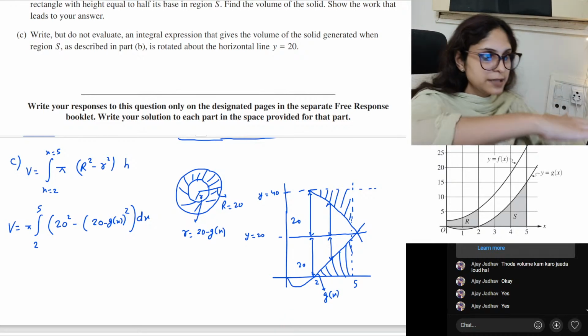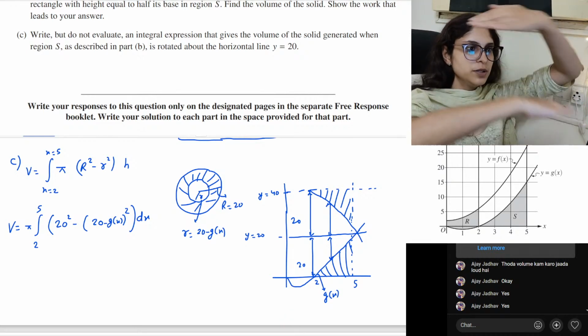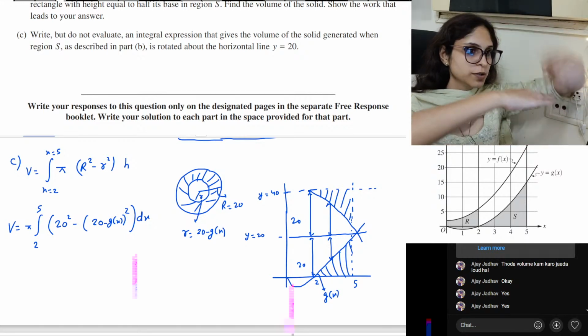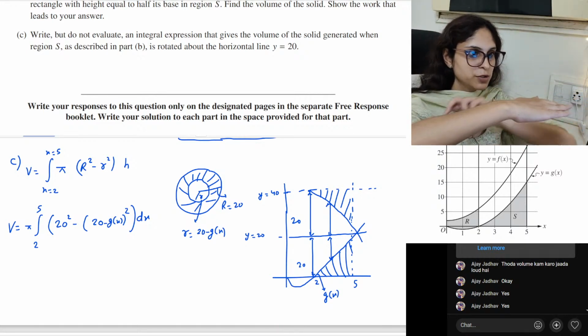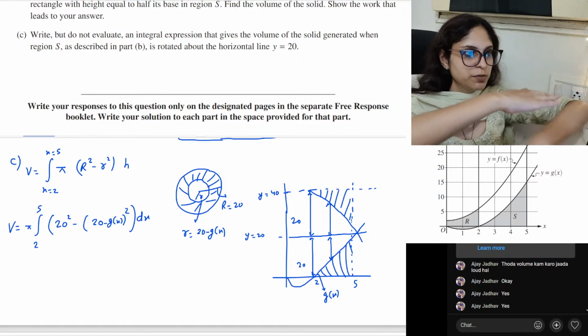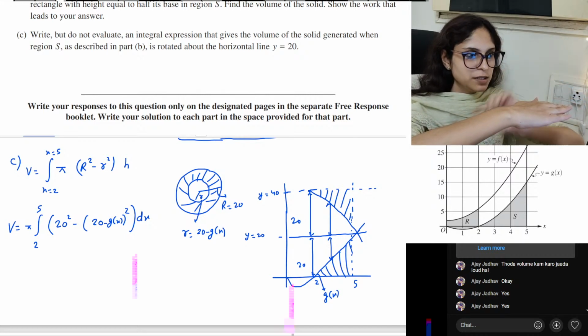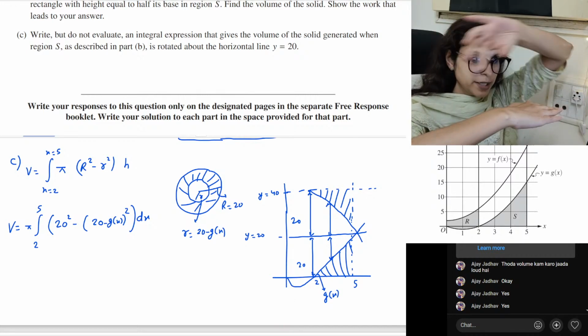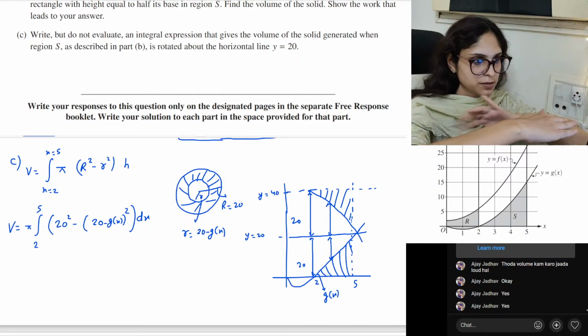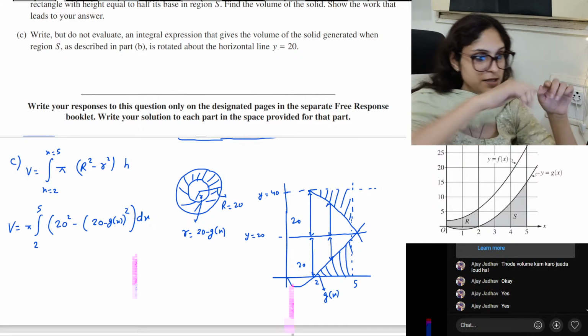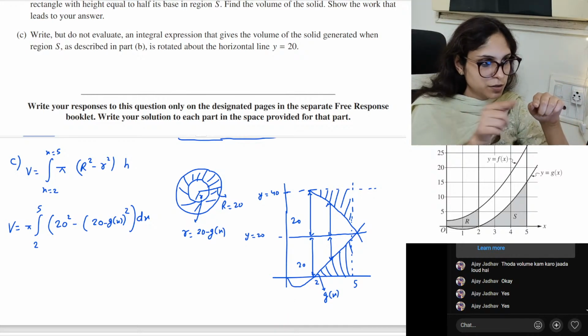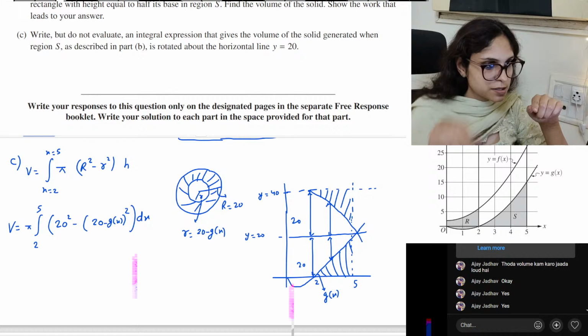Got it? Because it is like this and your graph is over here, you are rotating it like this. So this is becoming the circle part, but you just want this part. So you have the bigger circle and you'll have to subtract the inner circle from there. That is why you will get this part and this part. Okay? And this is the height. So that is why we're taking dx.